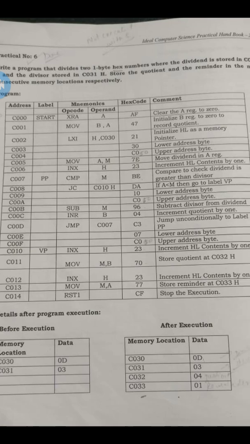By using this instruction it will point to that memory location and the hex code of the LXI instruction is 21. Now the address is 6030, so we have to write the address in the hex code. The lower address byte is 30 and the upper address byte is 60. That's why we have written the lower address byte as well as the upper address byte, 3060.